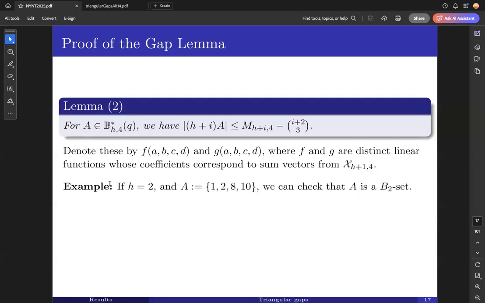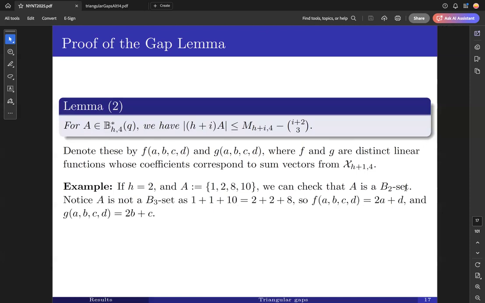So for example, if h is 2 and A is the set {1, 2, 8, 10}, I can check that A is a B_2 set, a Sidon set. If I check all the pairwise sums, they'll be distinct, and I'm very happy. But I notice it's not a B_3 set, as I have 1 plus 1 plus 10 equals 2 plus 2 plus 8.